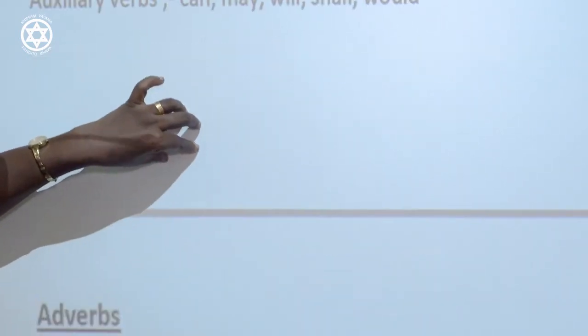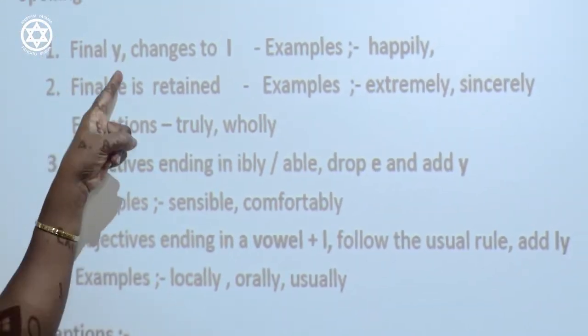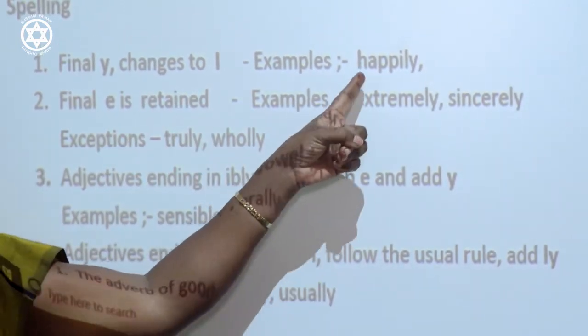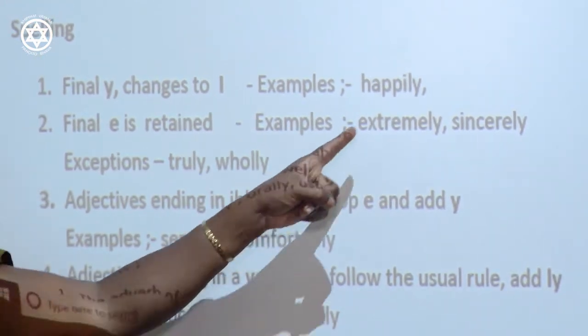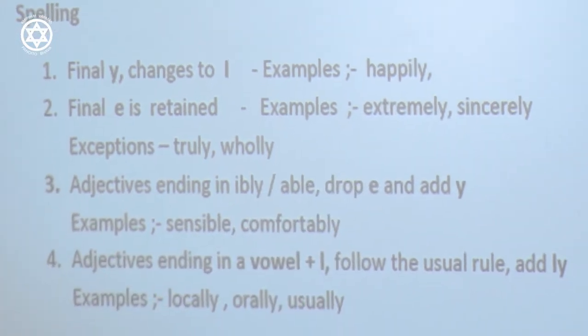Now let us look at how the spellings change. Final y changes to i. As an example, I will take the word happy. Happy is an adjective. Instead of y, you use i and then add ly.